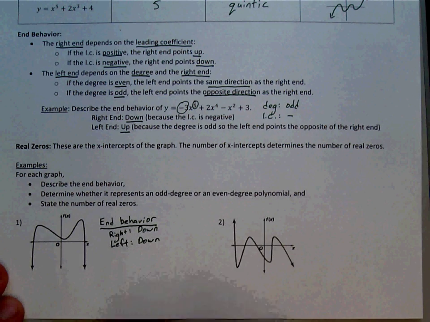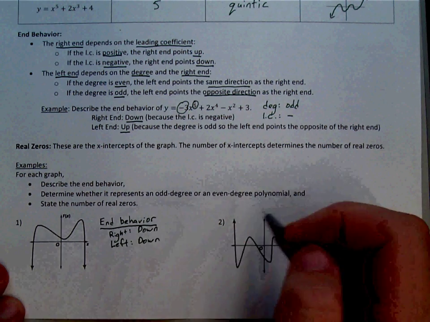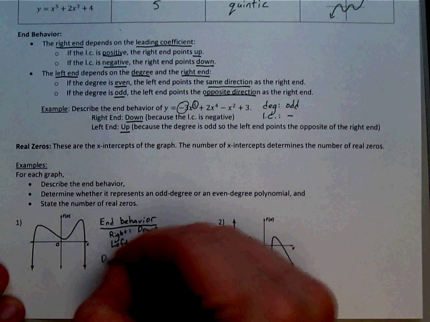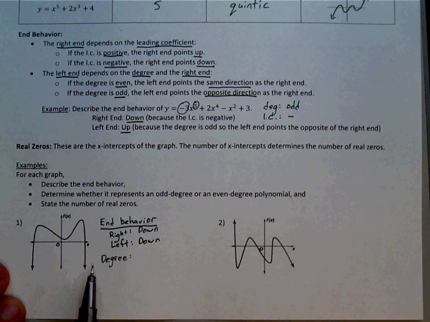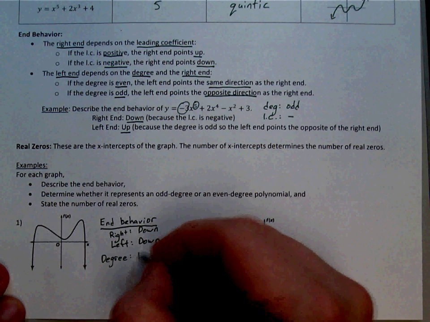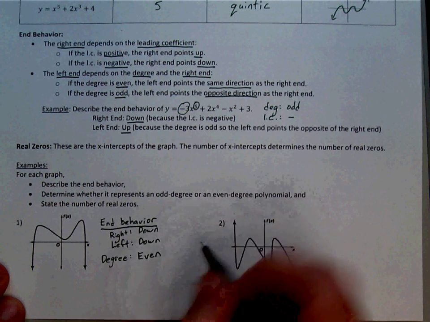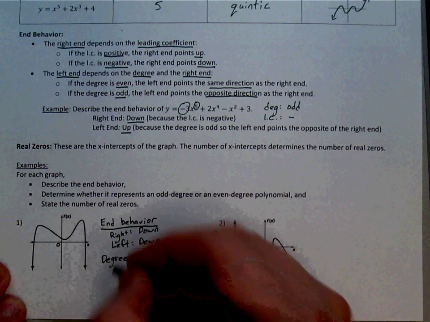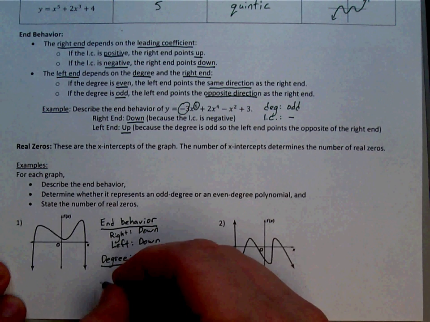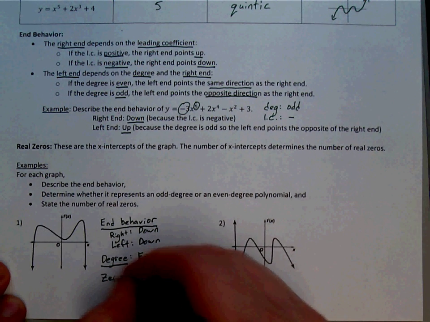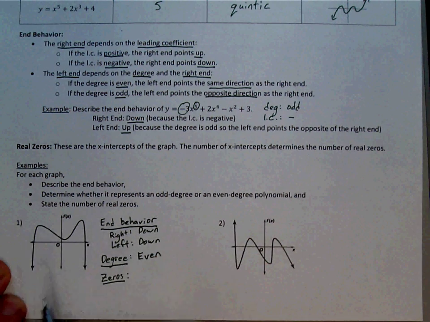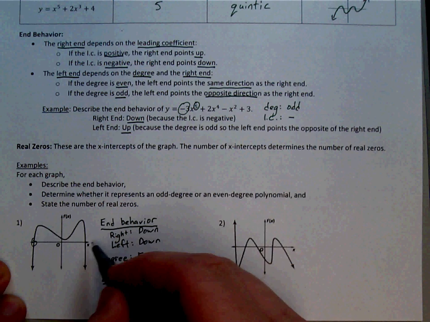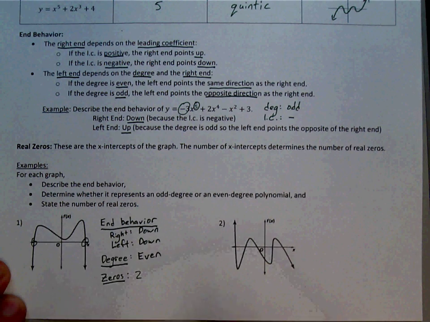And then that will tell me something about my degree, whether it's even or odd. Since they agree with each other, they're both pointing down, that means it's even. It doesn't ask about the lead coefficient, but I would know the lead coefficient is negative also. It does talk about real zeros though. How many times does it touch the x-axis? There's 1, there's 1, so 2.